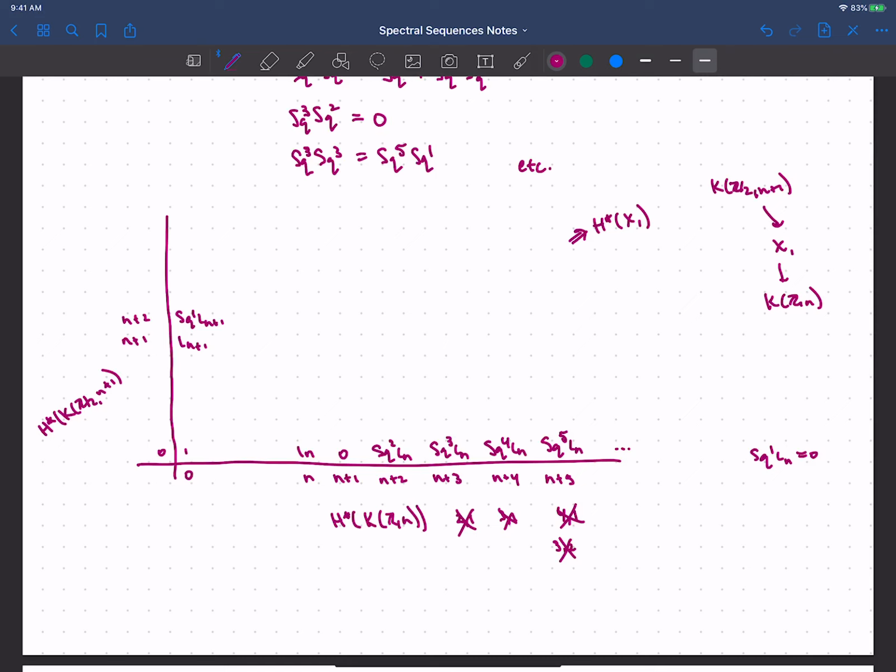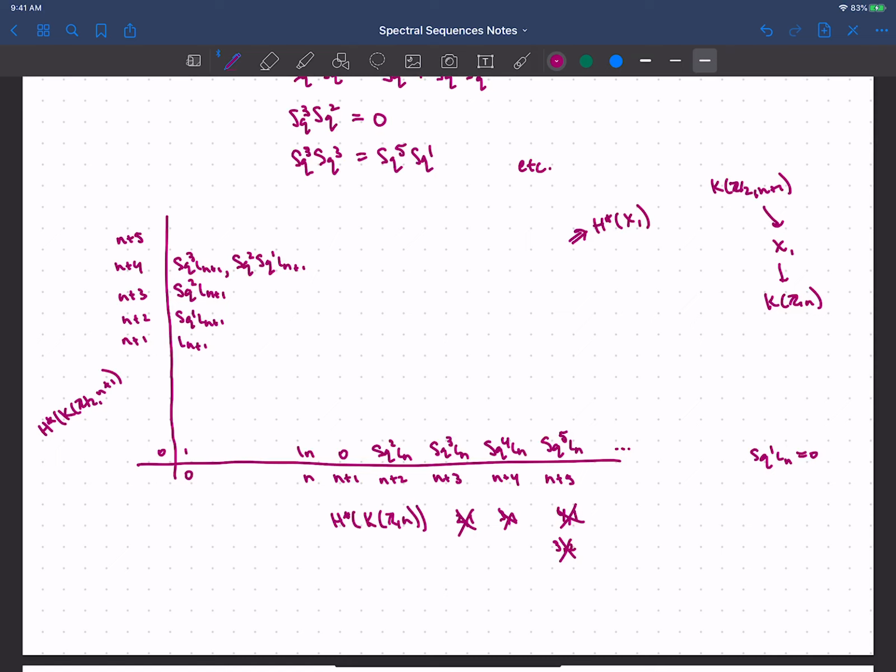So that was in degree n plus 2. In n plus 3, we've got Sq^2 ι_{n+1}. Then in degree n plus 4, we've got Sq^3 ι_{n+1}. Now we do have Sq^2 Sq^1, because Sq^1 is not 0 over here.